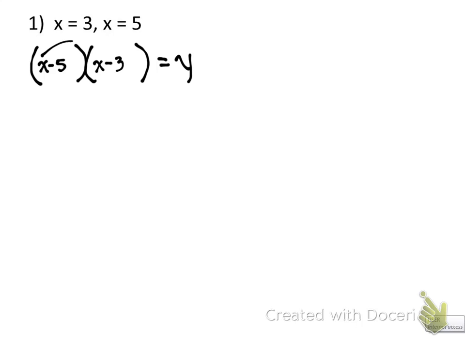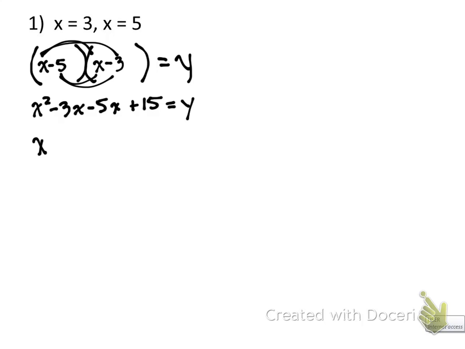Then you multiply across. You FOIL and simplify. So we got x squared minus 3x minus 5x plus 15 is equal to y. Okay. Simplify that.